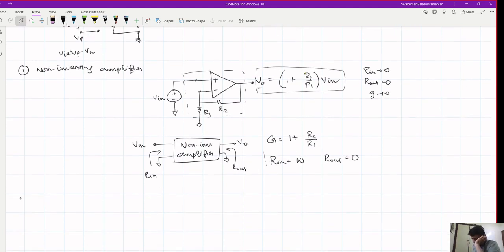All right. What about the next circuit that we discussed? The voltage follower. How are things connected here?